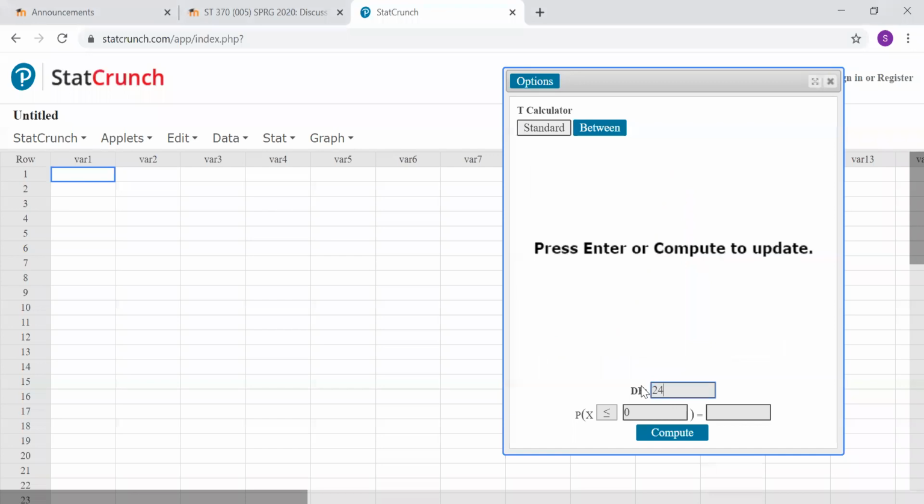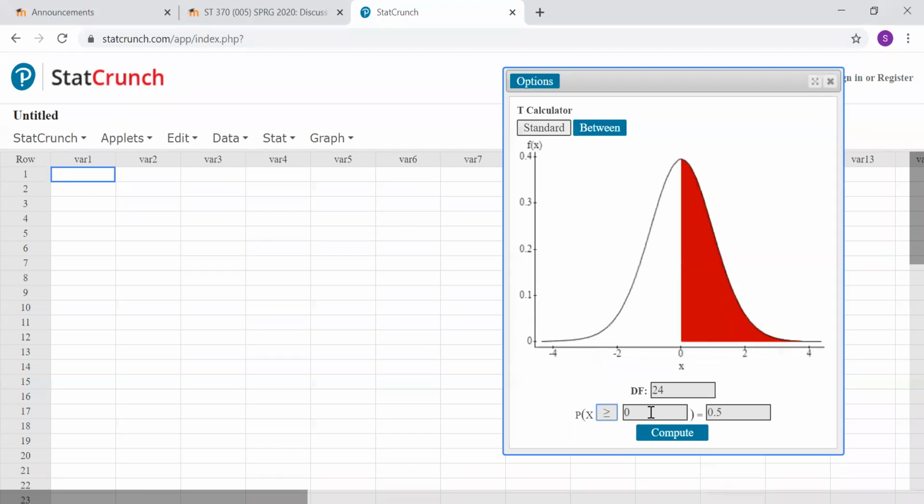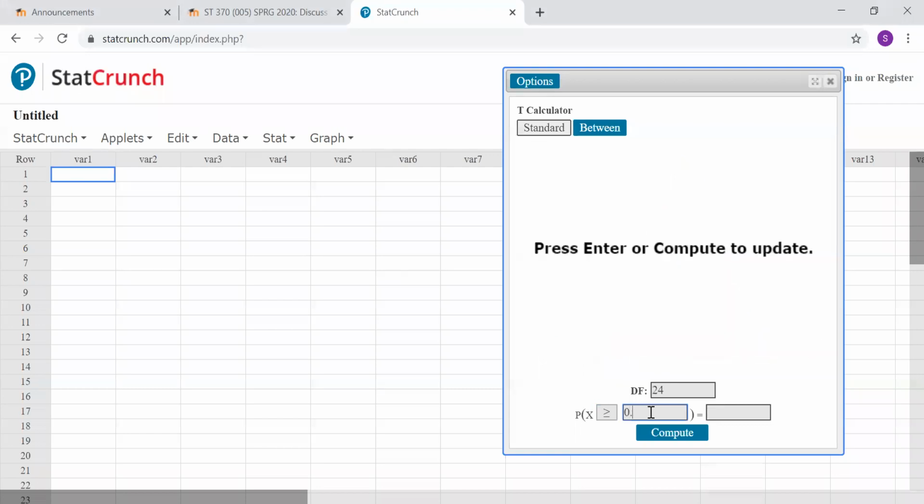Now we are trying to look for alpha, which is 10%, so alpha over 2 is 5%. So we are trying to look for the value where the probability of X greater than that value is 0.05.